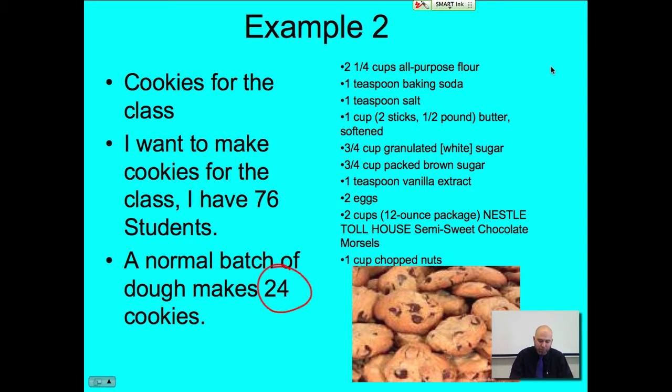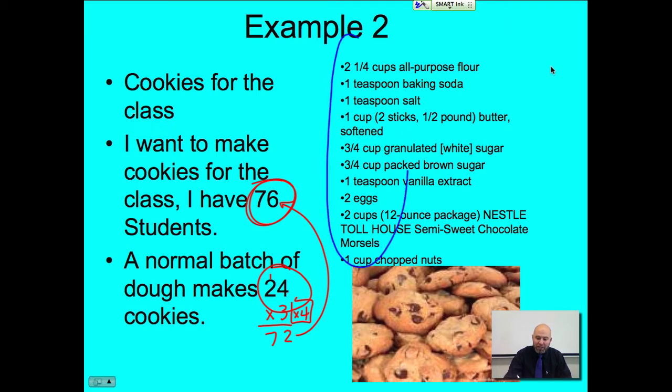If there's 24 cookies in a batch, if I multiply that by 3, let's say, that gets me to 72. That's not going to be enough. If I make 3 batches, I'd have to make 4 batches to get enough cookies for 76 students. Obviously, I'd have tons extra. People could have more. So that's stoichiometry, dealing with the quantities.